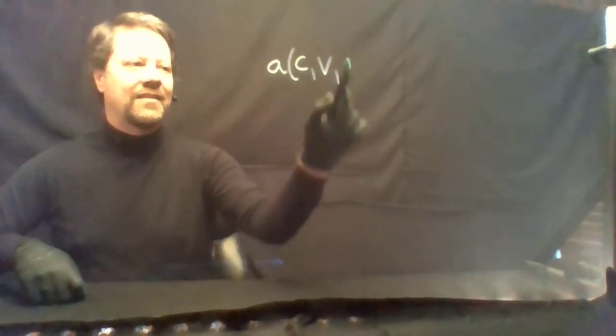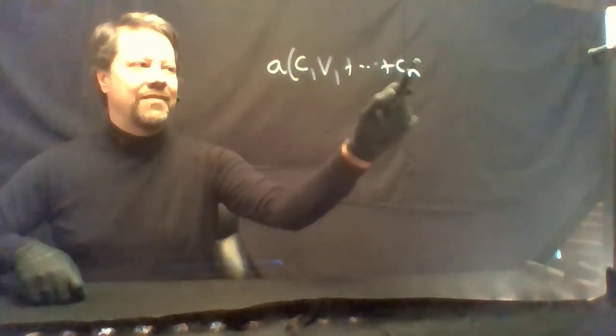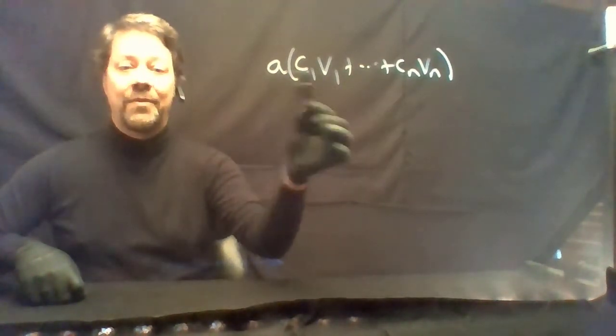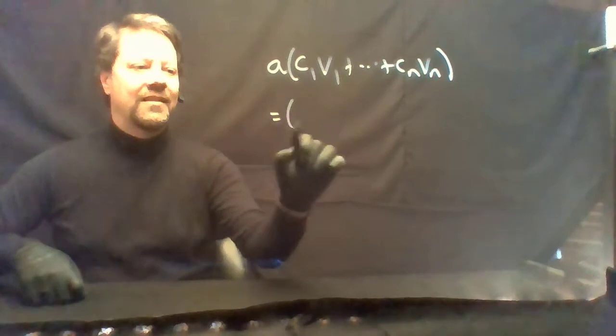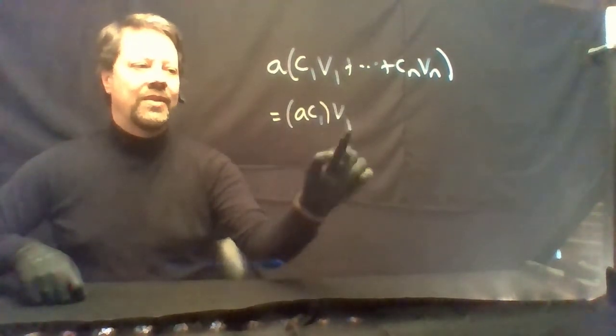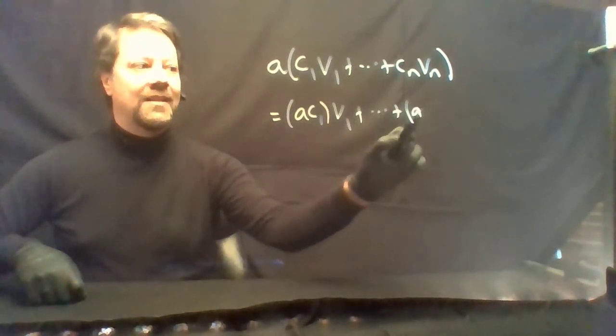One more check. Let's look at A times C1 V1 through Cn Vn. If you rescale a linear combination, you get a linear combination.